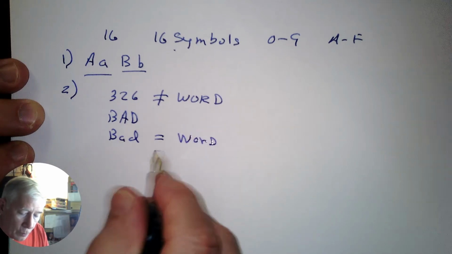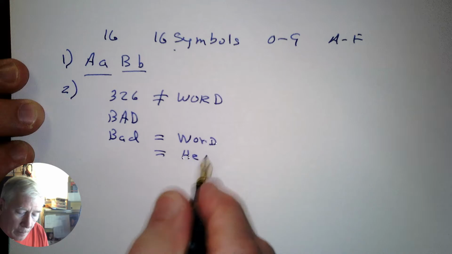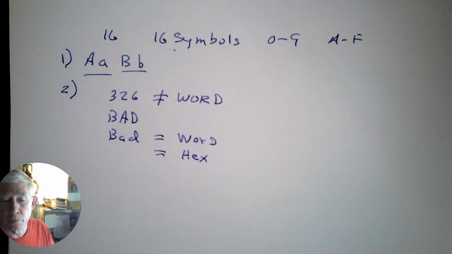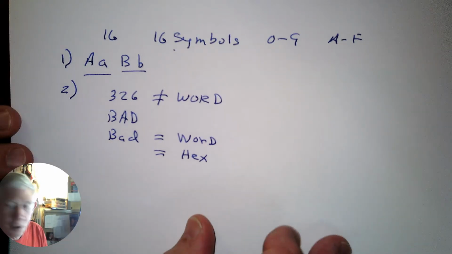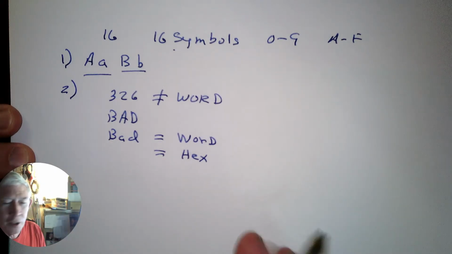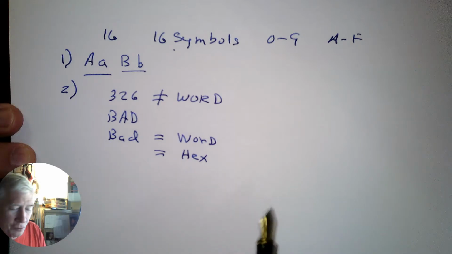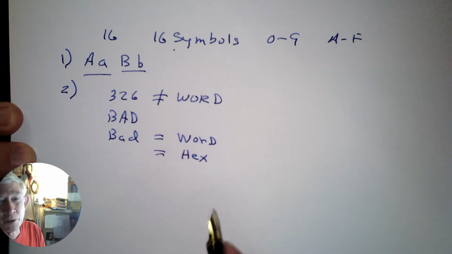Or could that equal a hex number? And the answer is you don't know. Somebody's got to tell you. You have to have some context to help you sort this out. So we introduced confusion where we didn't have to have it because we didn't want to create 6 new symbols. That's what happened. Maybe when you guys become senior people, you can push for the creation of 6 new symbols for hex, because hex is going to be around for a long time.